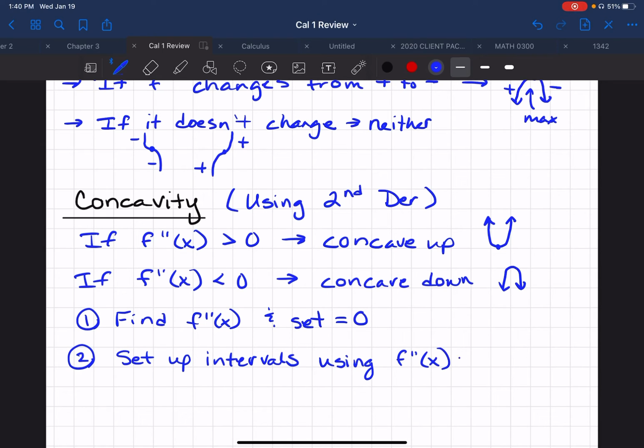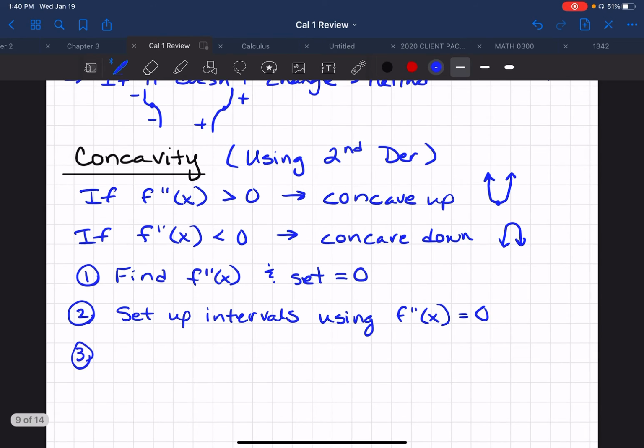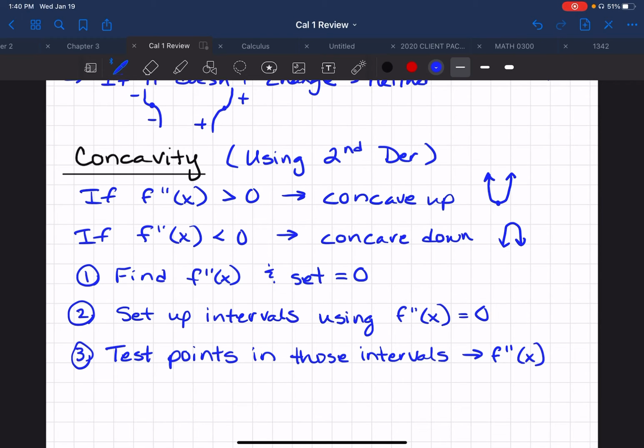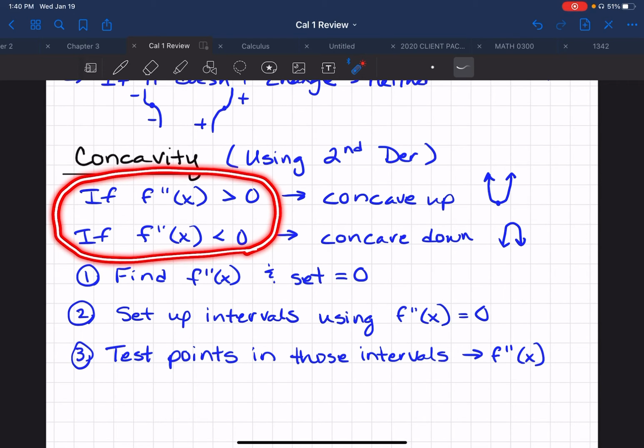So anything you found that the second derivative equals 0, you're going to use those to set up your intervals, and you're going to test points in those intervals. And here you're testing them in the second derivative. And that goes back to whether it's positive or negative.